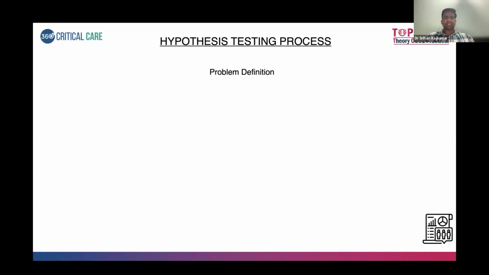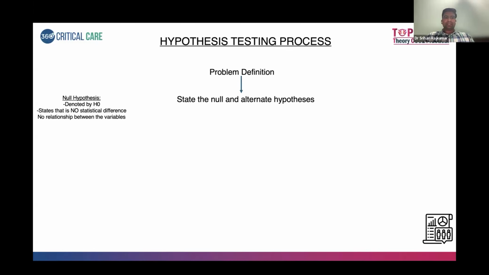We state the null and the alternate hypothesis. The null hypothesis is denoted by H0 and it states that there is no statistical difference and no relationship between the variables, that there is no relation between smoking and cancer. Whereas there is also an alternate hypothesis that needs to be made, which contradicts the null hypothesis.